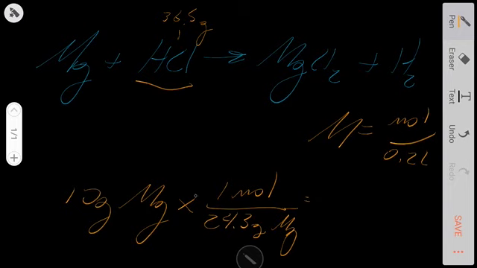As I multiply across, it's going to be 10 divided by 24.3, which looks like 0.412 moles.